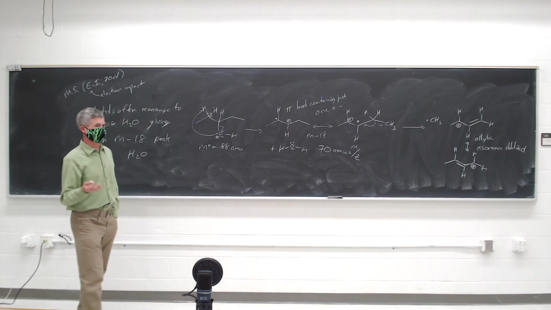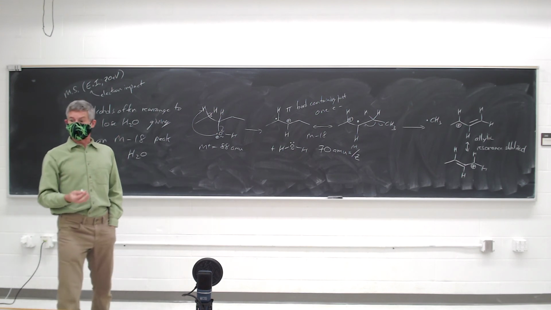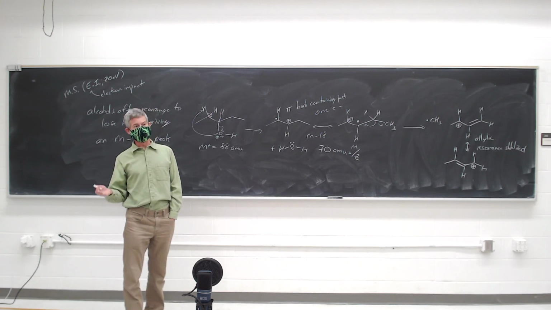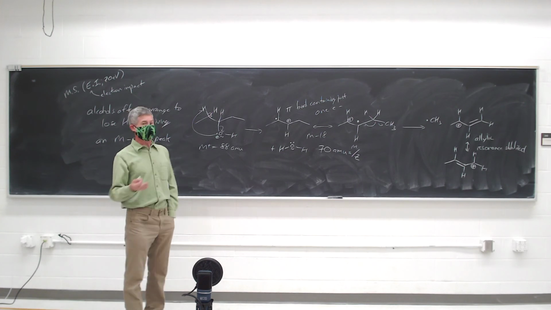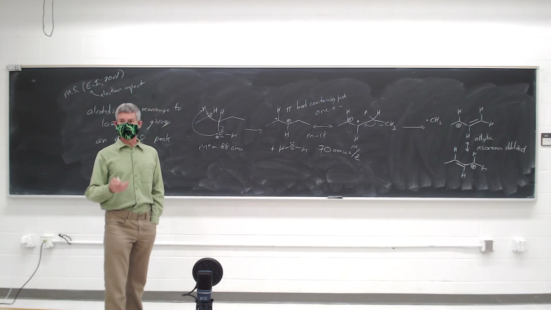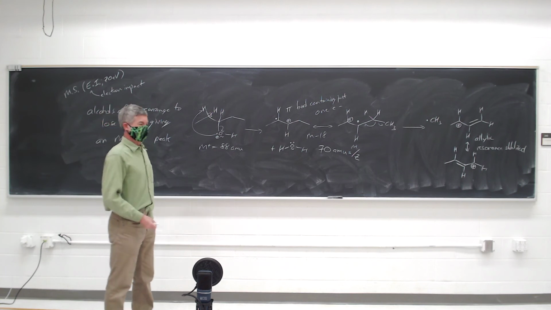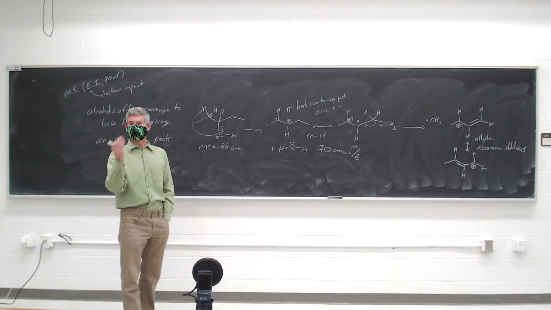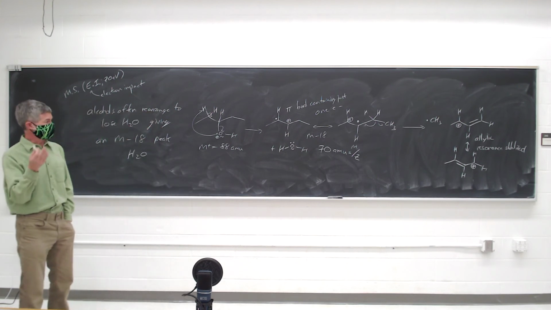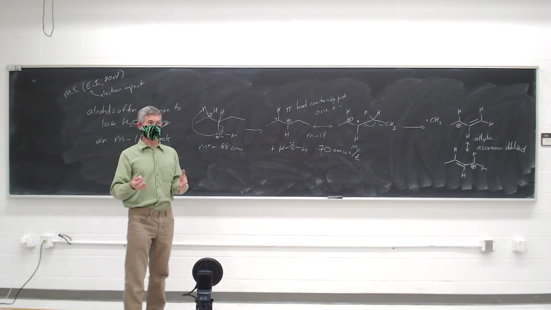For big molecules like proteins, electron impact is not really a very good way. So there are lots of other types of mass spec that you'll see. There's CI, which stands for chemical ionization. There's FAB, which stands for fast atom bombardment. There's MALDI, which stands for matrix-assisted laser desorption ionization. There's electrospray ionization. There's lots of different ways of generating these radical cations that are targeted to an individual type of molecule.